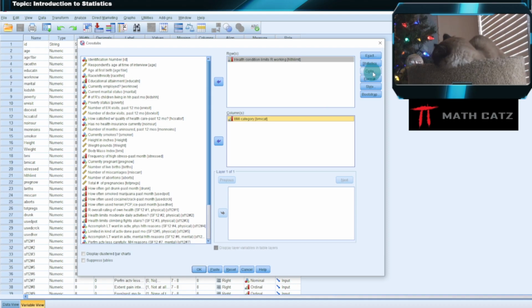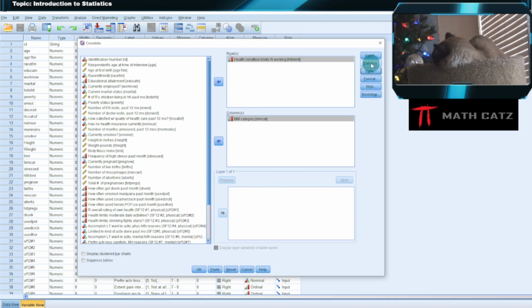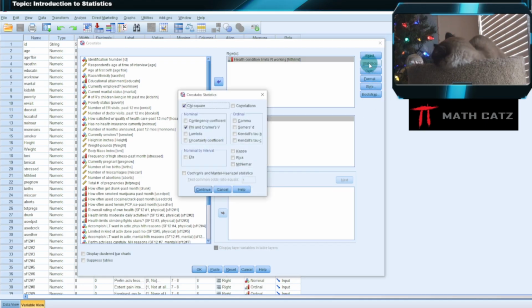Then let's click on the cells here on the right. We want to check that observed and expected are checked. Row and column percentages may be optional depending on the questions you want to answer. We'll click on Continue. Then above that, the statistics.